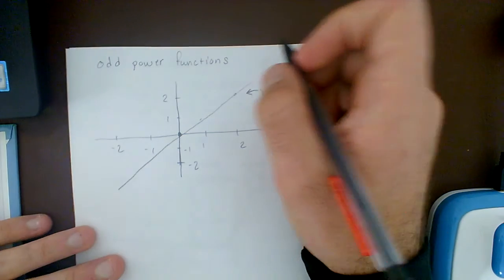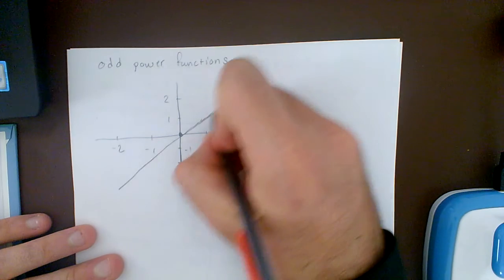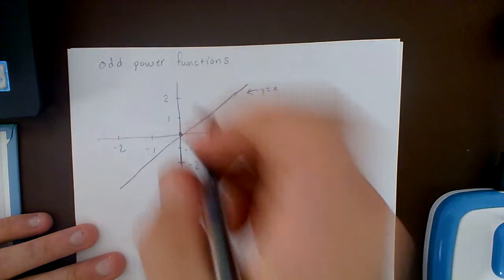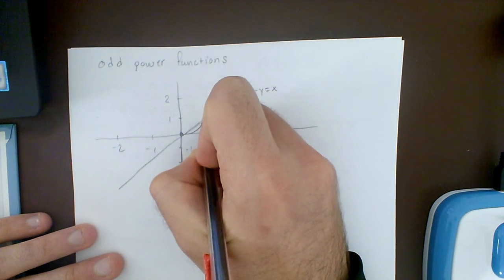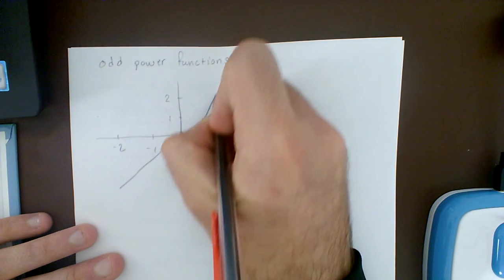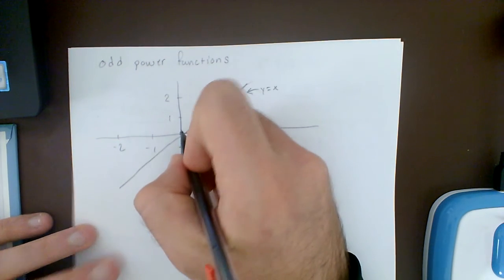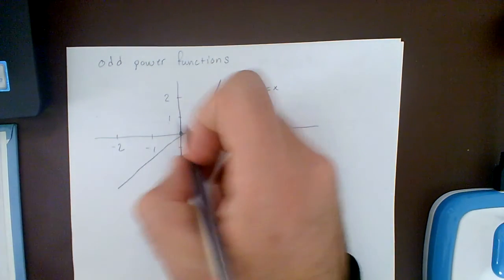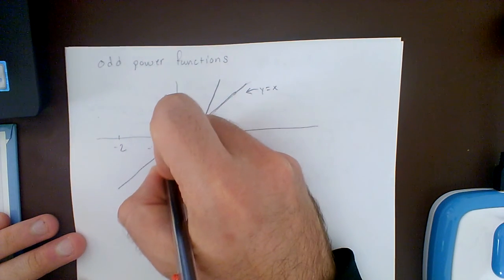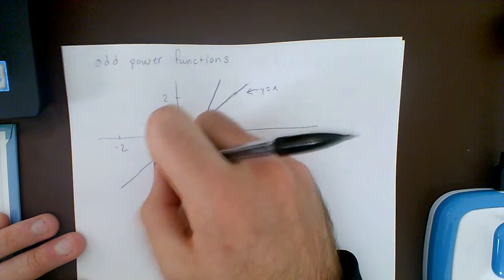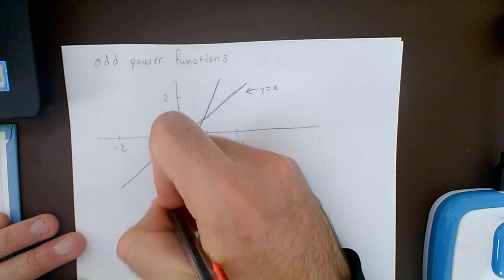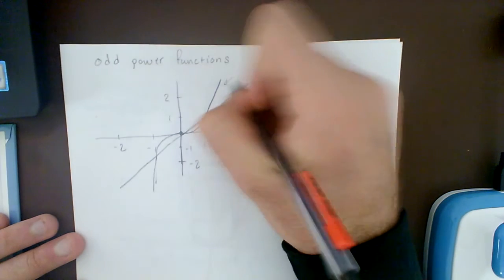Okay, then the next one is y equals x cubed. So this one kind of comes down and goes up, and then just continues to go up like that. But if you cube a negative number, it remains negative. So this one's going to kind of do the exact opposite. It has origin symmetry. Remember we talked about that a couple sections ago.